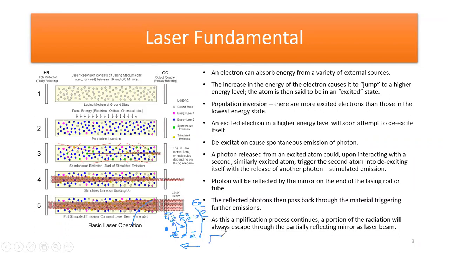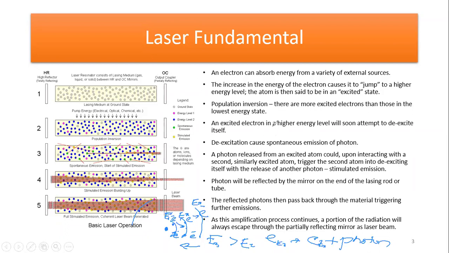And E3 is greater than E2. So energy at band 3 is greater than energy at the lower band, which is E2. So when the electron jumps down from band 3 to band 2, there's energy release. So you're going to have energy release in terms of photons, right?